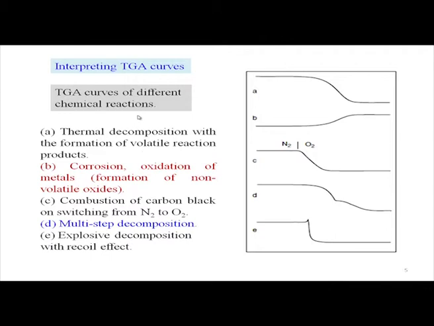In our previous class we saw the decomposition of mercurous chromate, where mercurous oxide forms, which is volatile in nature. That mercurous oxide is removed from the material as a volatile, and the weight loss is due to the loss of Hg2O.